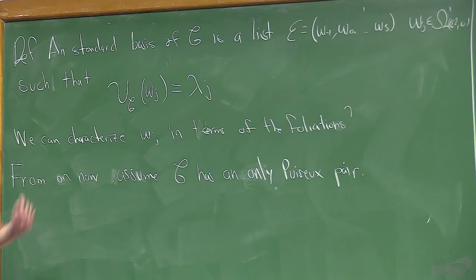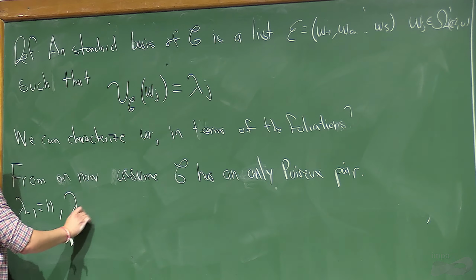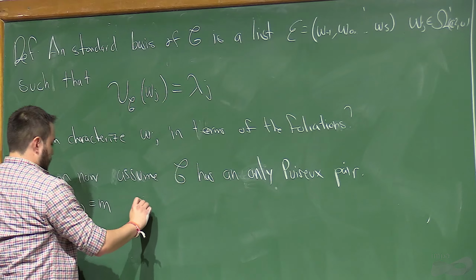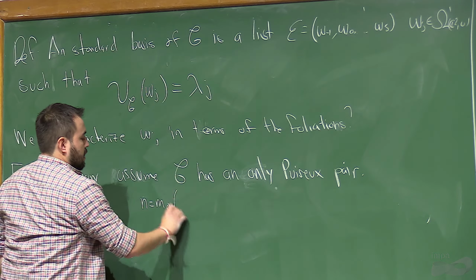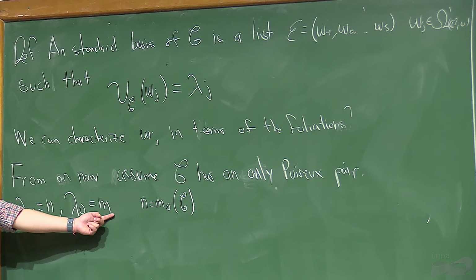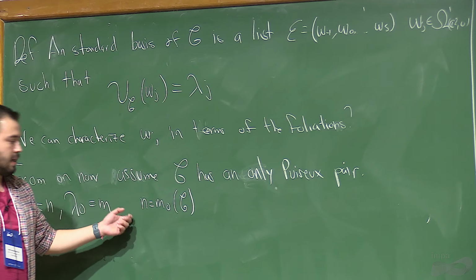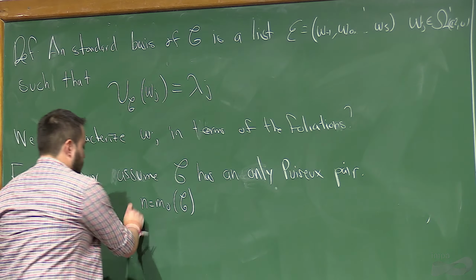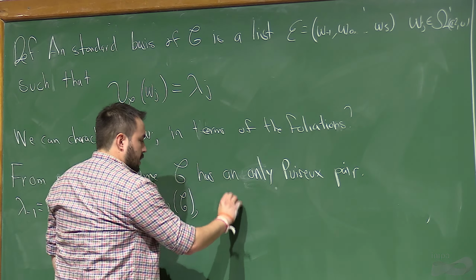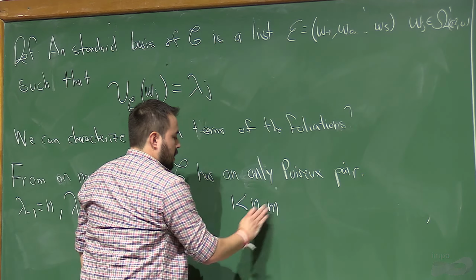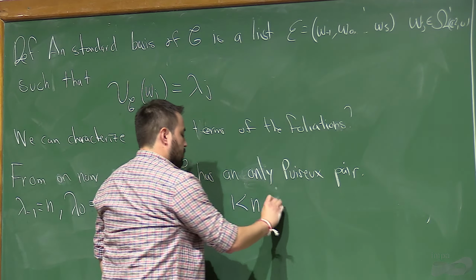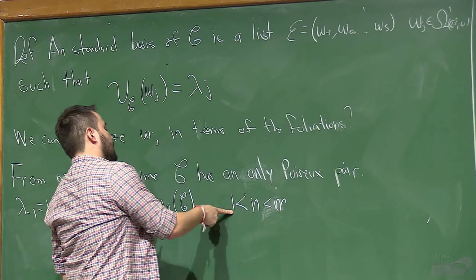Okay, and in this case, lambda minus 1 is n, lambda 0 is m, with n the multiplicity of the curve, and m the first characteristic number. And obviously, I assume that m is greater than n greater than 1, and the greatest common divisor is 1. Okay?